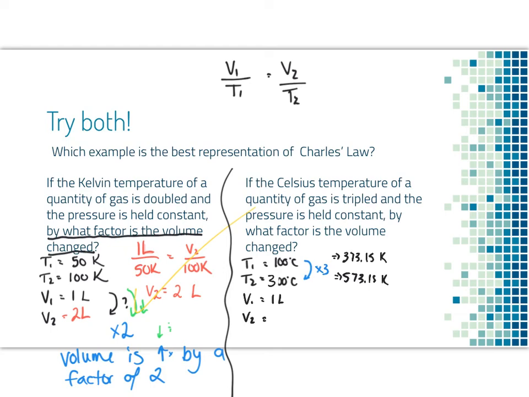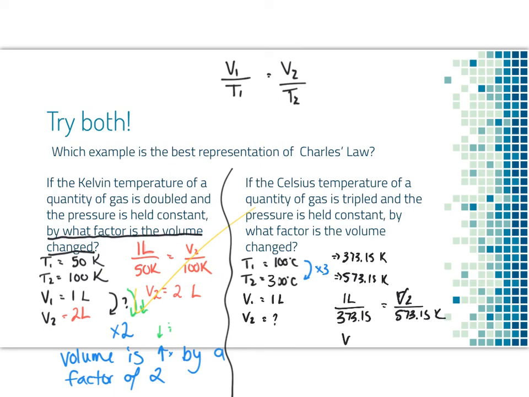Putting these into my formula, I'm going to have 1 liter over 373.15 is equal to V2 over 573.15 Kelvin. So we're going to multiply 1 by 573.15 and divide by 373.15.